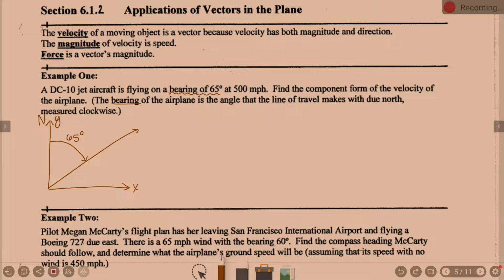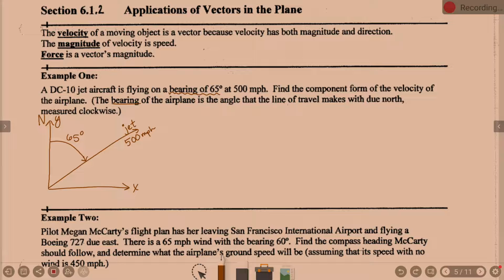With that in mind, this is essentially our vector that represents a jet, and it is flying at a speed of 500 miles per hour. What do we know about that 500 miles per hour? It's the magnitude, right?